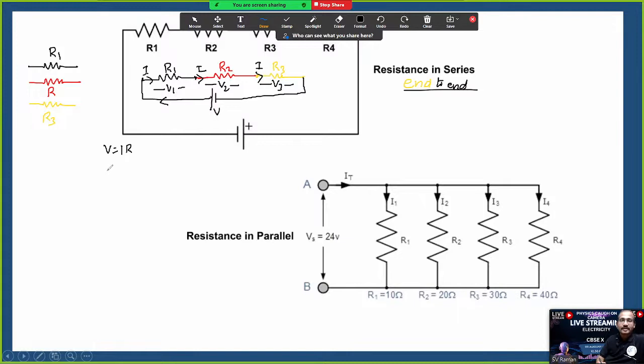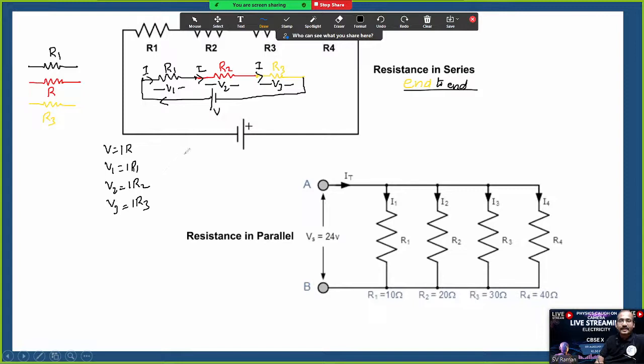Across R1, V1 is equal to IR1. Across R2, V2 is equal to IR2. Across R3, V3 is equal to IR3.